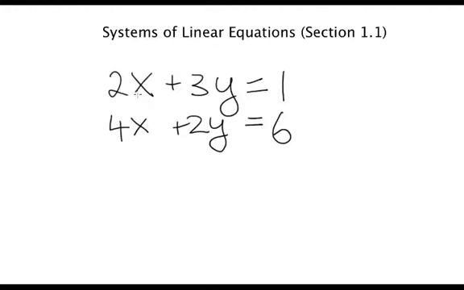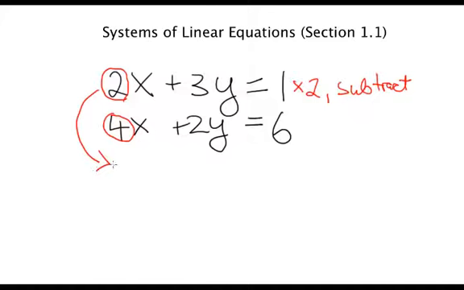The basic idea, given a system like this, is to look, for example, at the coefficient of x. Here you see a 2, here you see a 4, and what that says is that if I multiply this equation times 2 and subtract the two equations, that will cancel out the x. So let's see how that works.